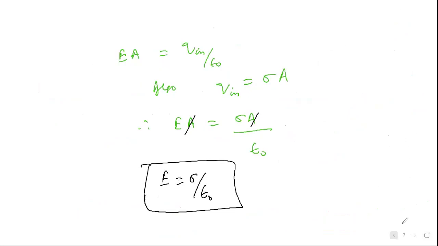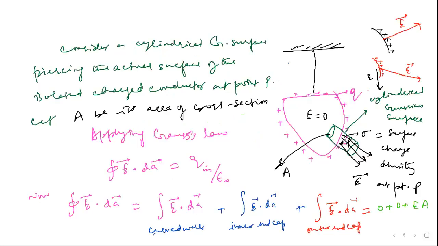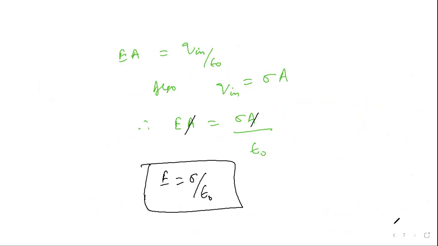So if I have an isolated charged conductor, then the electric field outside is perpendicular to the surface. If it is positively charged, it will be outward. If it is negatively charged, it will be inward. And the field strength will be sigma by epsilon naught, where sigma is the surface charge density there. Now in a spherical conductor, sigma throughout is the same.